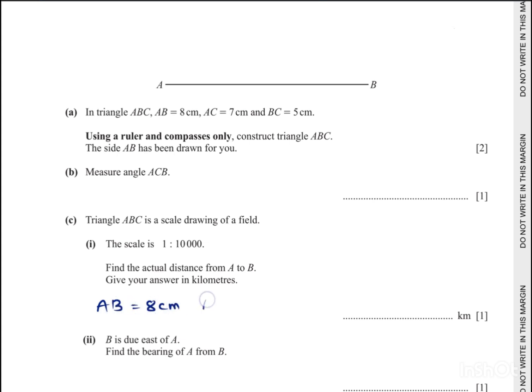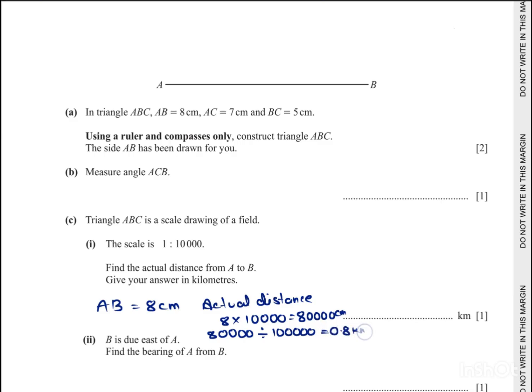Now the actual distance will be 8 multiplied by 10,000, because it is 1 is to 10,000, which is 80,000 centimeters. If I convert into kilometers, I need to divide that by 100,000, that is 0.8 kilometers. So the answer is 0.8 kilometers.